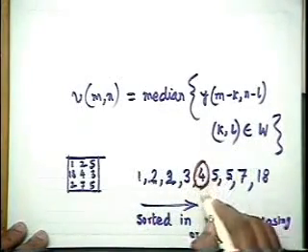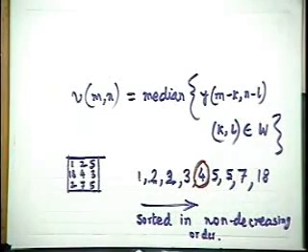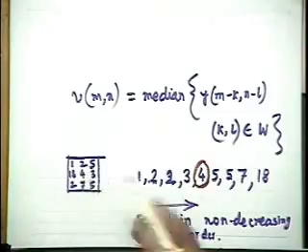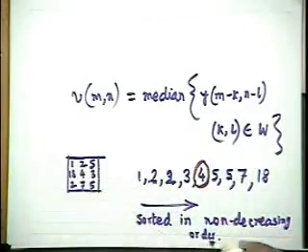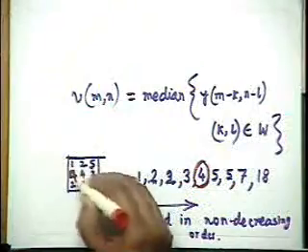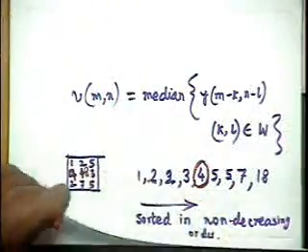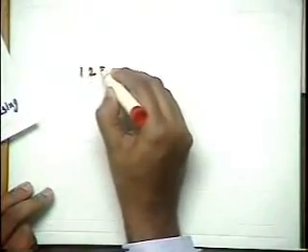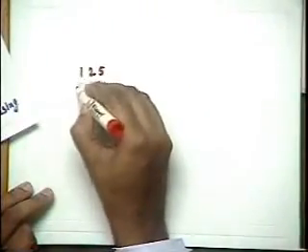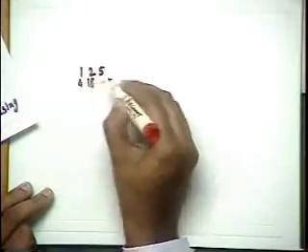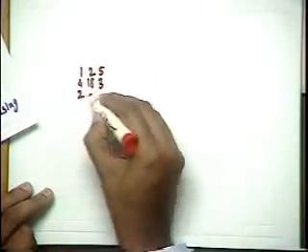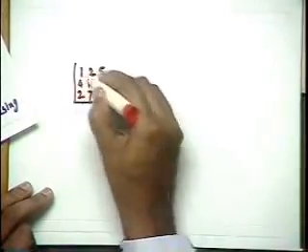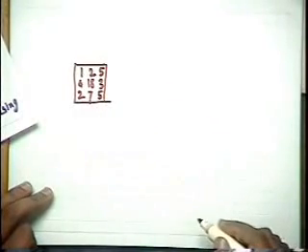But supposing I had got 4 over here and 18 over here, meaning if instead I would have got 1, 2, 5, then 4, 18, 3, 2, 7, 5, if my mask had been defined like this, then what would have happened? Median filtering means in the non-decreasing order I would have arranged it like this only, and the median would have been still 4.